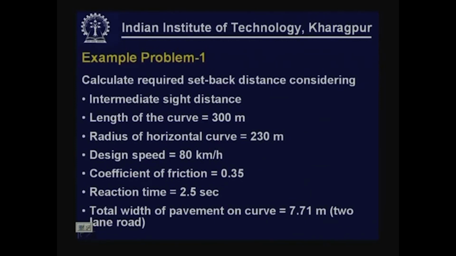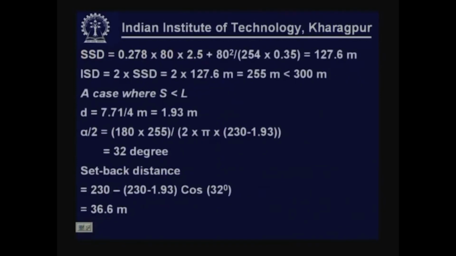It is basically a 2-lane road. So, required sight distance is actually the intermediate sight distance. So, what we have to calculate is intermediate sight distance as per IRC, Indian Roads Congress specification, it is twice the stopping sight distance.